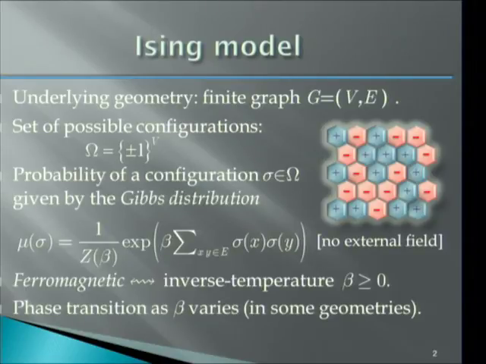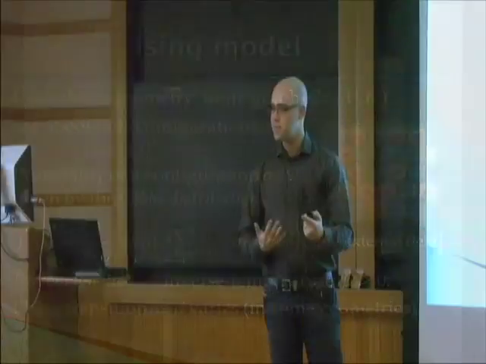And as I said, phase transition, so I didn't say what I mean by phase transition. Let's just say that in certain geometries, just like the lattice, you can extend this to infinite volume. There are several ways to do it. The easiest is to just think of limits, in which case you can ask whether there is a unique measure, there's a limit, and it's unique for the measures that satisfy this, or whether there are multiple such Gibbs measures.